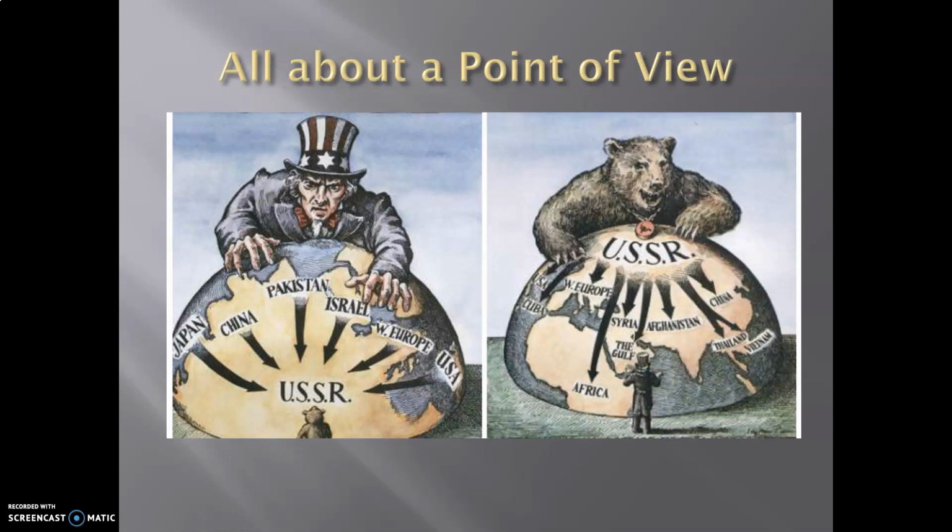But like I said, it's all about point of view. From the US's perspective, on the right here, the Soviets are trying to conquer the world. Whereas from the Soviets' perspective, everyone is closing in on them and threatening their way of life and their regime. Now, to be fair, we have to be honest about this. The Soviet Union was corrupt, and it was not good for its people.